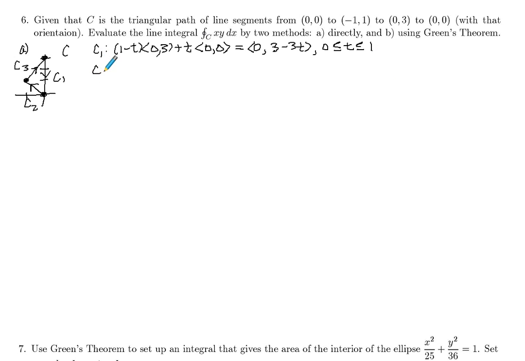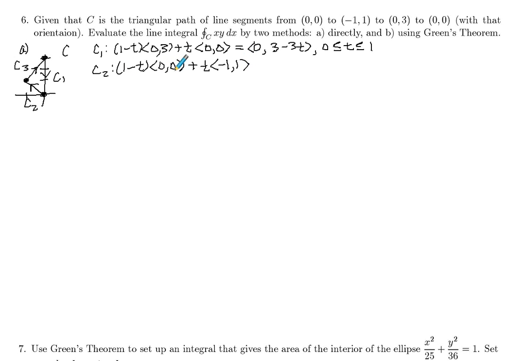Let's parameterize C2 the same way. So C2, since we've got negative orientation, this is a nice way to do it. 1 minus t times the start, t times the end. So this will be 1 minus t times, we're starting at 0, 0, and then plus t times our ending point, which is negative 1, 1.